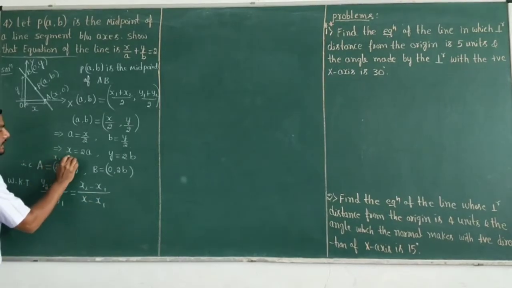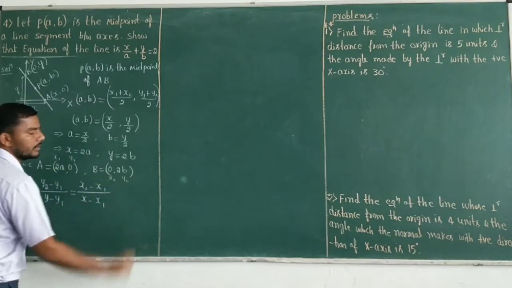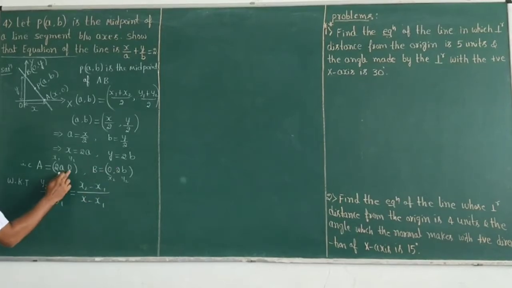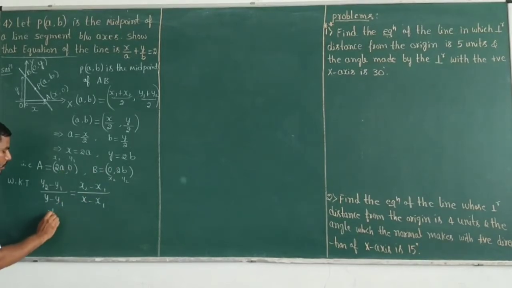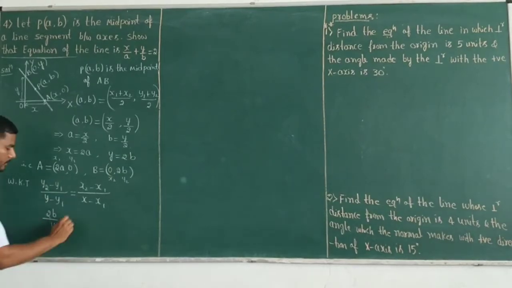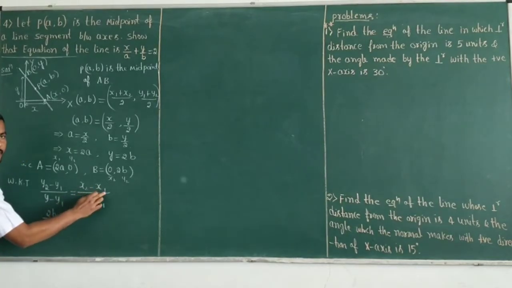Here this is the point (x1, y1), and this one is (x2, y2). Substitute the values. Here y2 minus y1 is nothing but 2b, divided by y minus y1, which is 0 here, so that expression is 2b divided by y, is equal to, similarly, x2 minus x1.